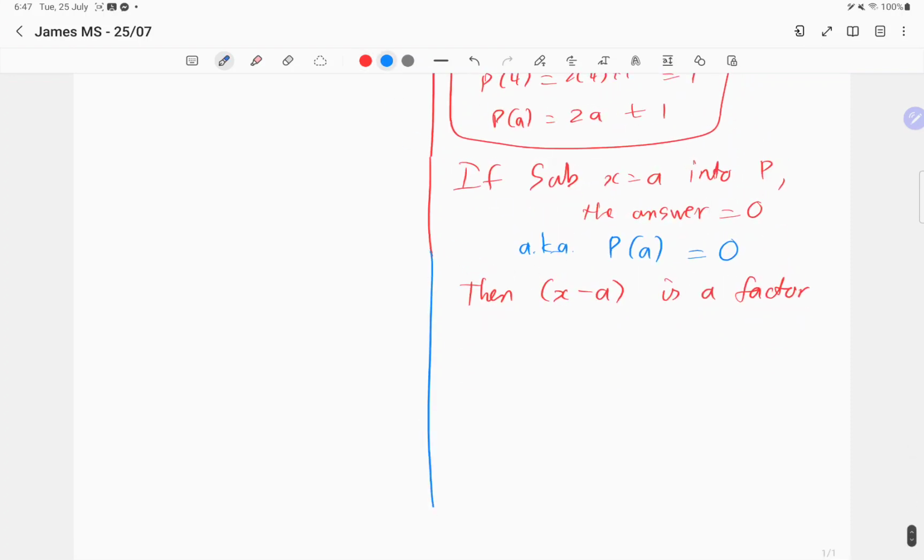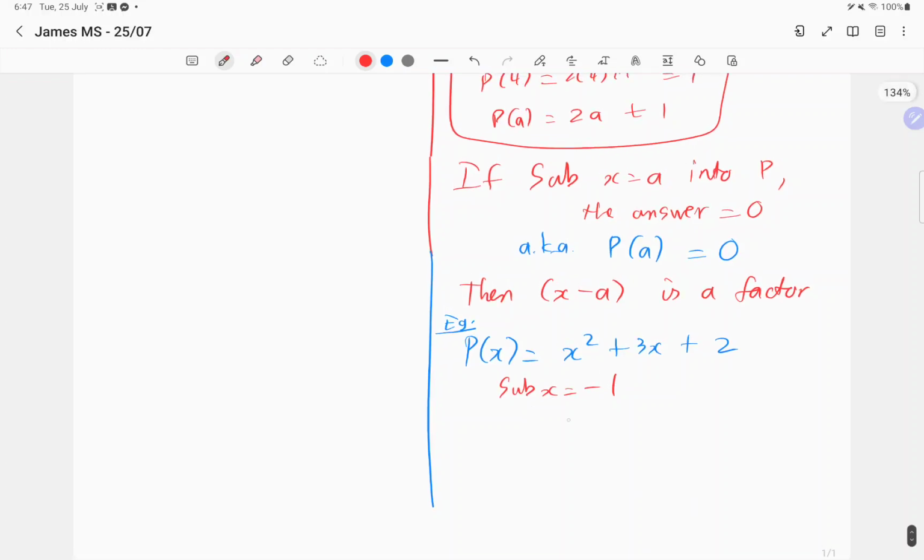So for example, let's say we have a polynomial of x, x squared plus 3x plus 2. Let's say I substitute x equals -1.